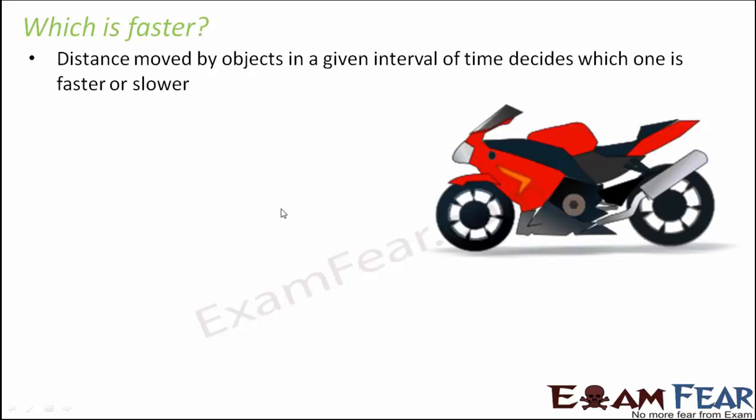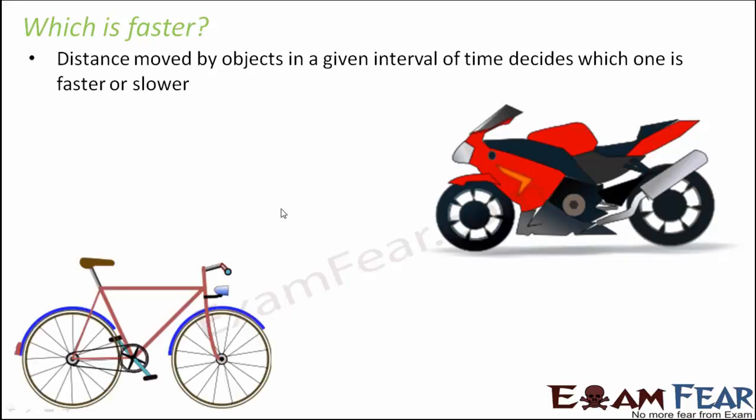Let's look at this example. You have a bike and you have a bicycle. These are the two vehicles. Now if you want to compare which of these two is faster, let's fix a time interval of 5 minutes.